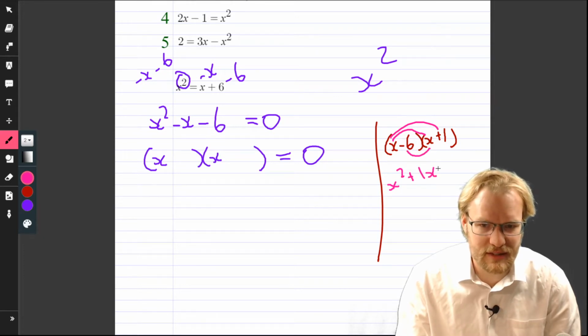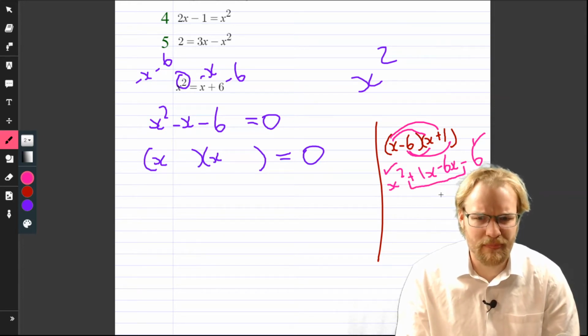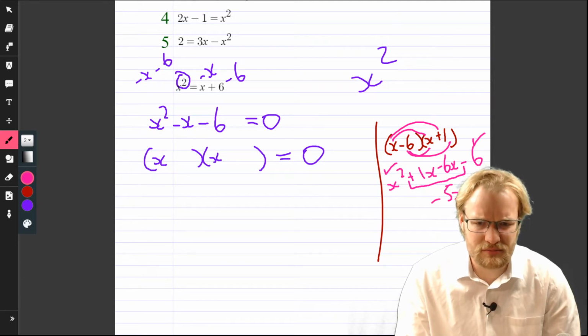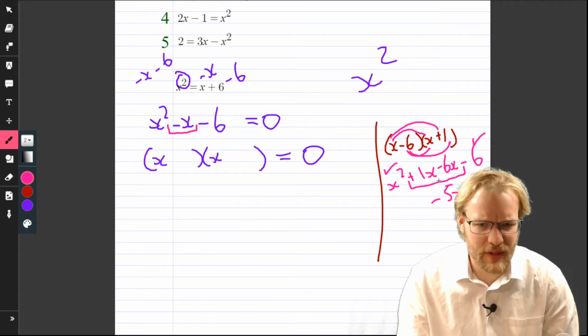Minus 6 times x gives us minus 6x, and minus 6 times positive 1 gives us negative 6. The x squared and the negative 6 are great. But what about these x's? What's 1x minus 6x? Well, it's minus 5x. That's not what we have in the middle. We've got minus 1x. So that doesn't work.